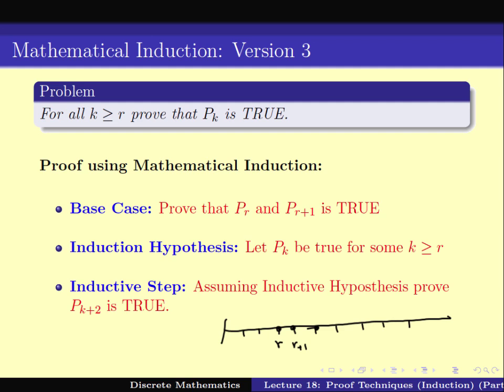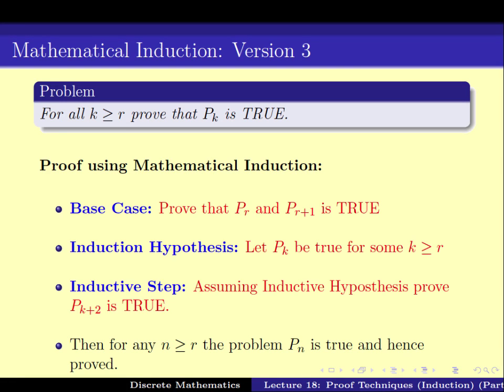If I know r plus 1, I know how to prove r plus 3, and so on. And you can convince yourself that we will end up proving all the points greater than r. So in other words, this technique will help us prove that for all n greater than r, the problem Pn is true and hence proved.